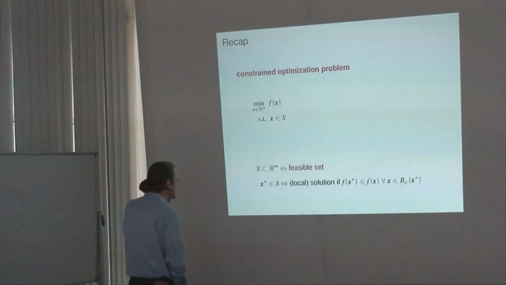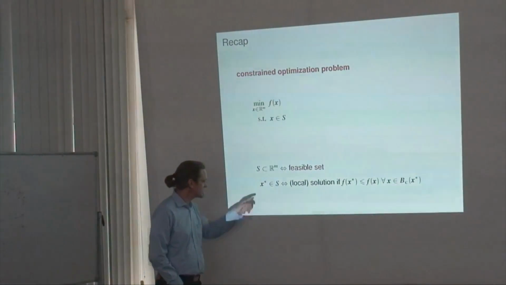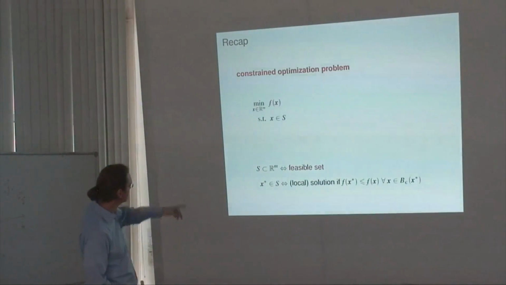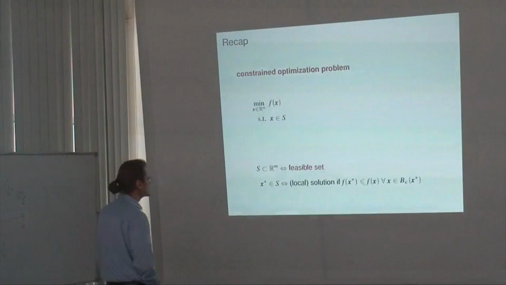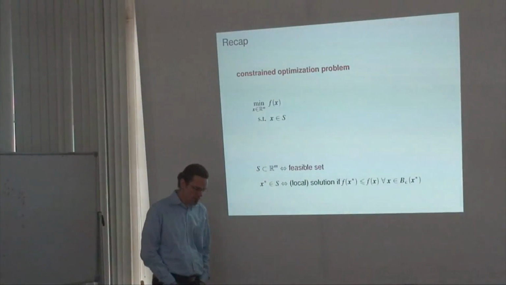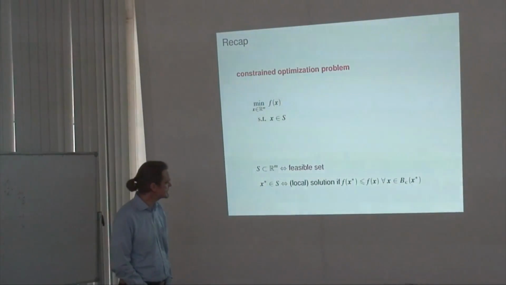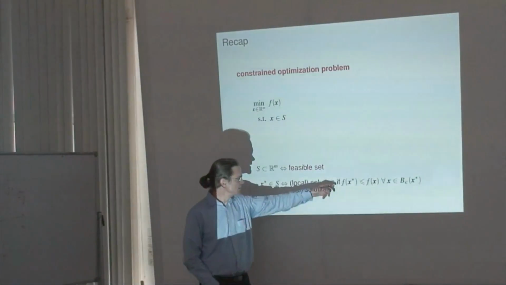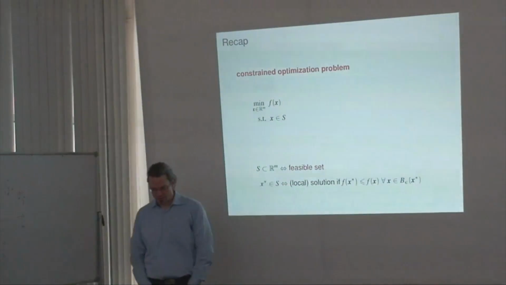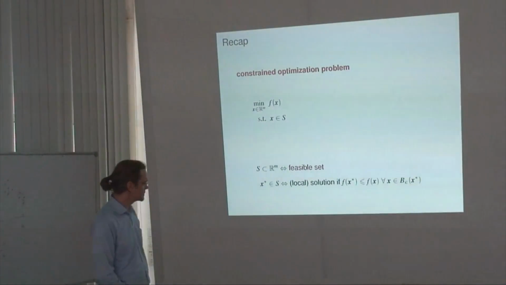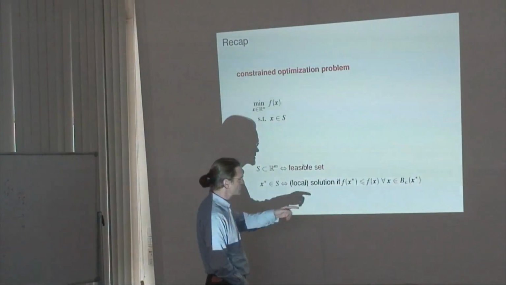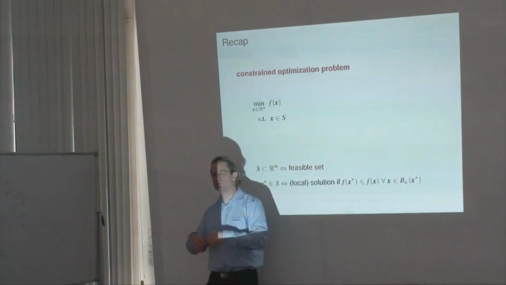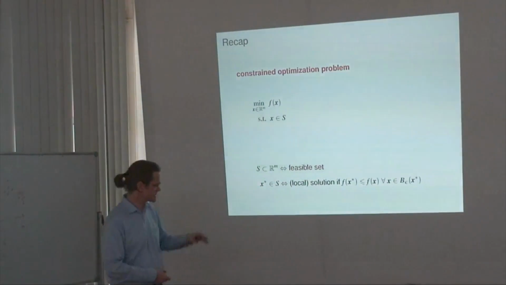And a minimizer of a problem like that, say x star, is therefore a solution to that problem. And that solution may be local, maybe it's global, but maybe it is local. It is definitely a minimizer in the sense that this function at point x star is less or equal than the function at any other point x in a small epsilon environment about x star.